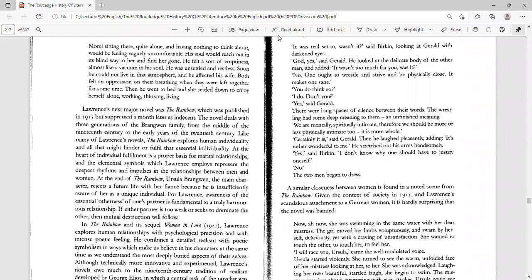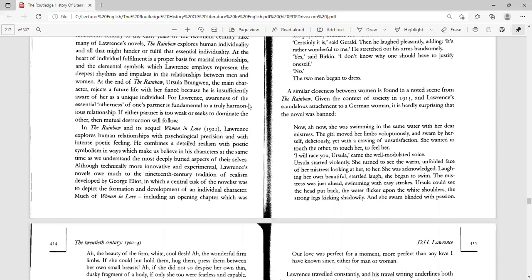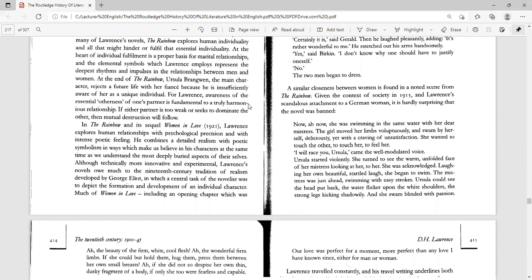His novels include The Rainbow and its sequel, Women in Love, and the highly controversial Lady Chatterley's Lover.